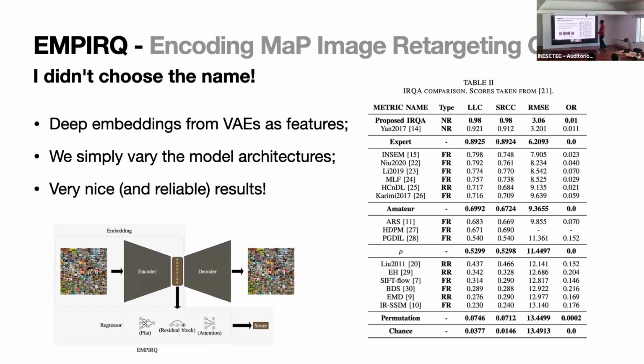We are using two types of embeddings from two different pretrained encoders, and we employ simple model architectures like flat convolutional networks with residual connections, and some with simple single-headed attention. When we get those embeddings and use those architectures, we end up with the results.